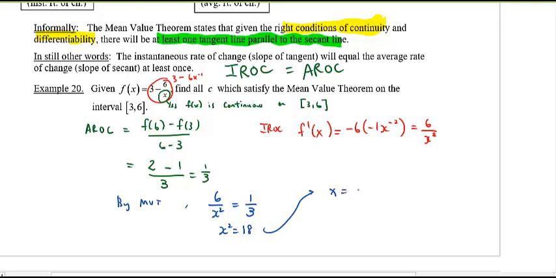I can solve for x, which equals plus or minus root 18. And if I left your answer like this, you'd be wrong. Because what is the actual particular value of c? c must be equal to only positive root 18, as that is the only value in the interval from 3 to 6. Alright, and that's how you can apply the mean value theorem.